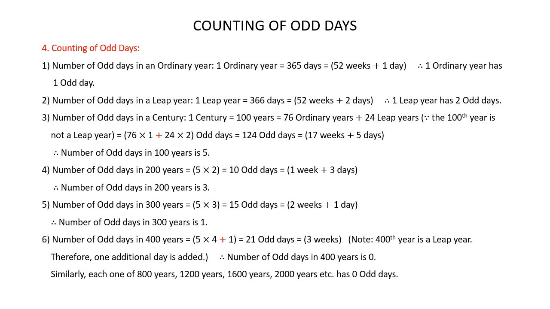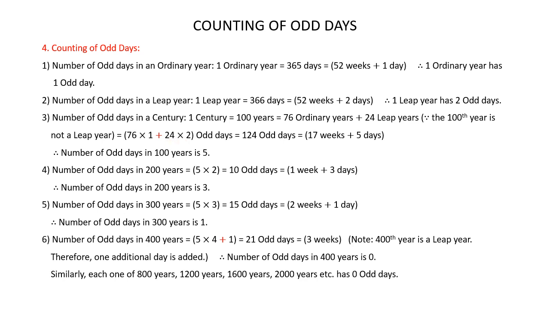Now we know that one ordinary year has one odd day. Since there are 76 ordinary years, it means 76 multiplied by 1. We know that one leap year has two odd days. Since there are 24 leap years, it means 24 multiplied by 2.